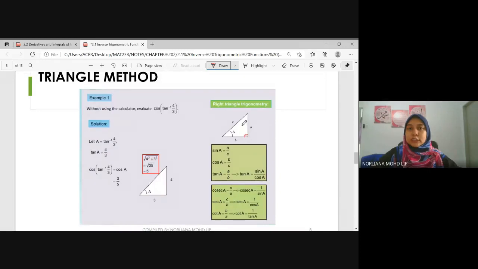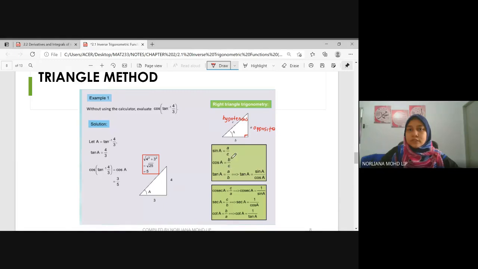Okay, you have to know the Pythagoras theorem. And also you have to know what is sine A. Sine A is equal to A over C. A is the opposite side, C is the hypotenuse.